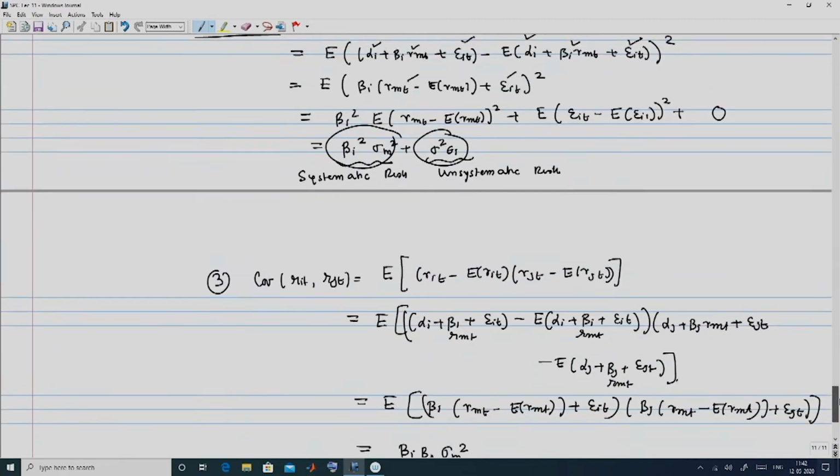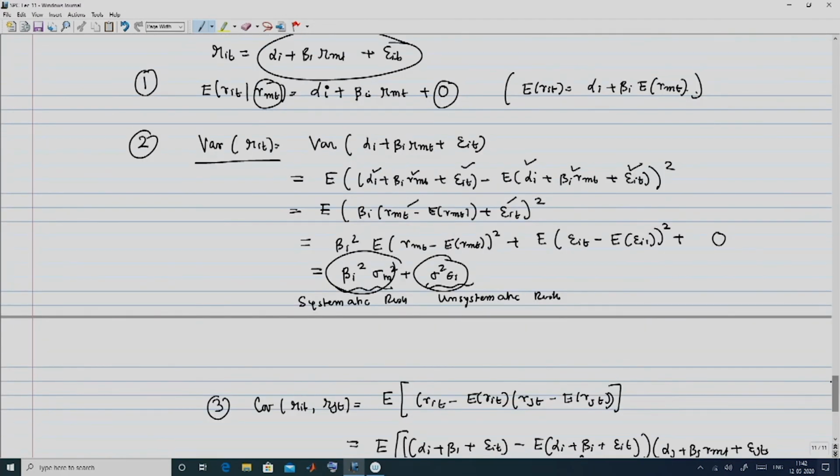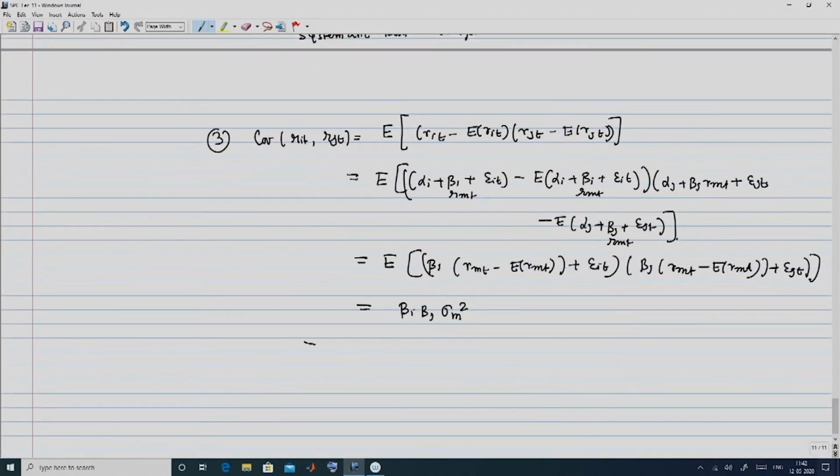So, just to recap, the variance sigma_i square is beta_i square sigma_m square plus sigma square epsilon_i, and the covariance can be written as sigma_ij equal to beta_i beta_j sigma_m square.